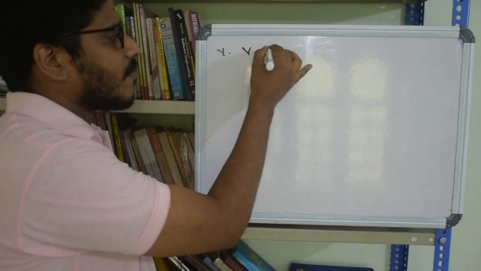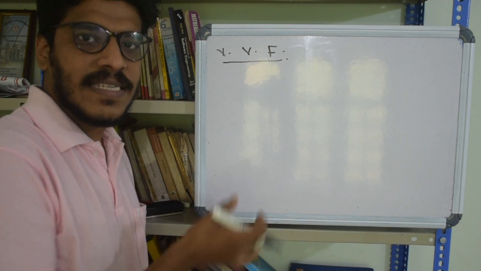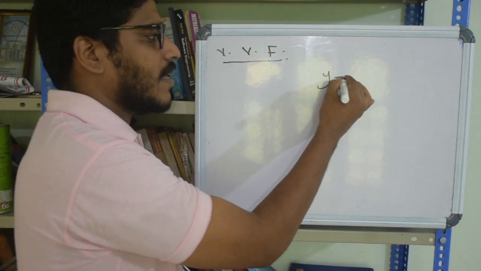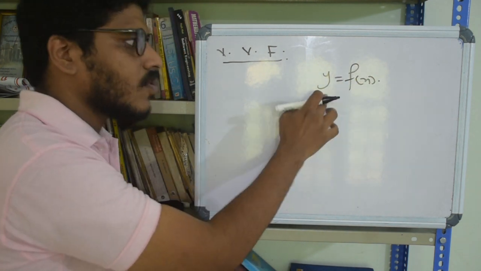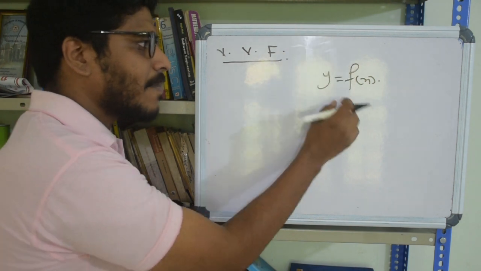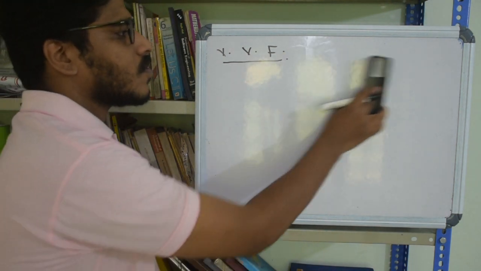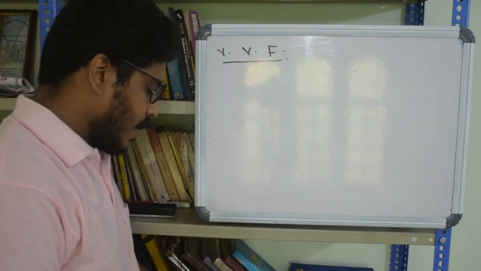You know what a function is, right? A function is a kind of relation which takes something to something. Right. If you say y equal to f of x, the function f carries x to y, or the function maps x to y. Perfect. So similarly, what is a vector valued function?